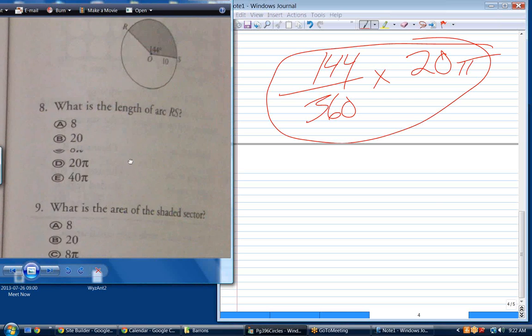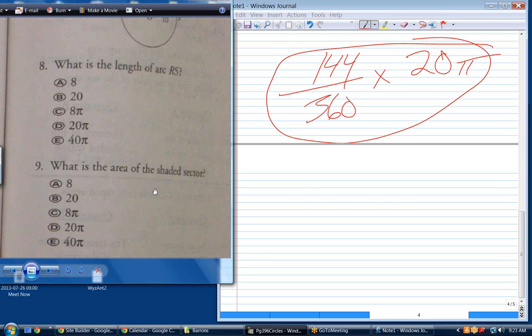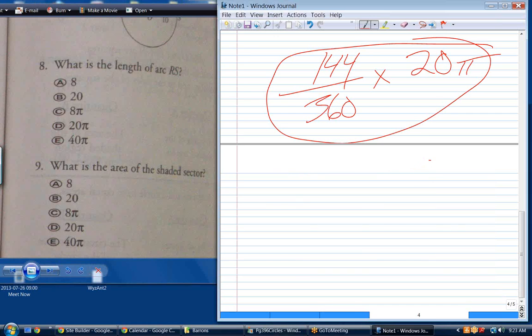Okay, and what is the area of that shaded sector? The area would be 144 divided by 360 times pi 10 squared, so 100, 400?